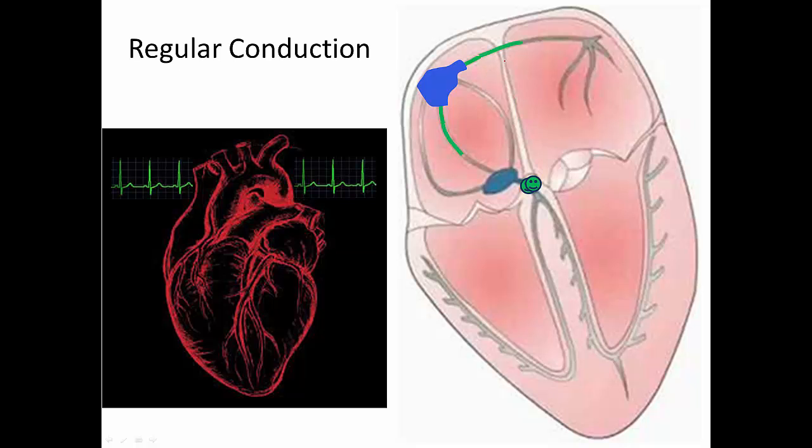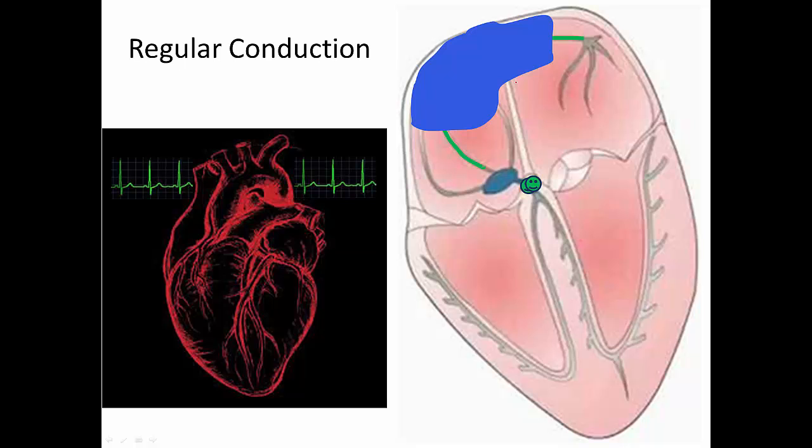And of course, the signal is going faster down these conduction pathways. You'll notice I didn't do these two, and that's just because I was kind of lazy. But the signal is also traveling or propagating down those conduction pathways as well, if you can imagine. So then, as time goes by, more of the myocardial cells are depolarizing.